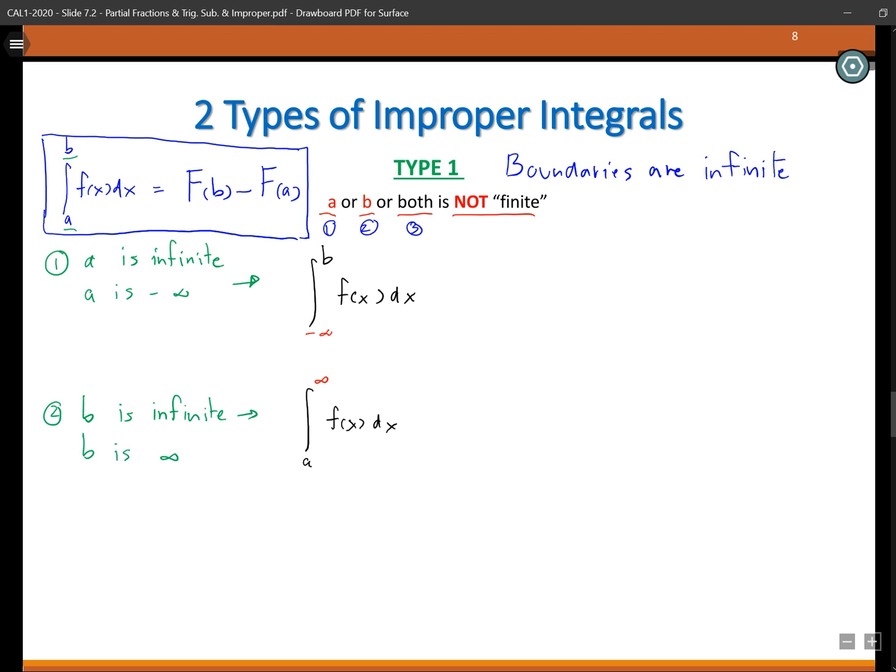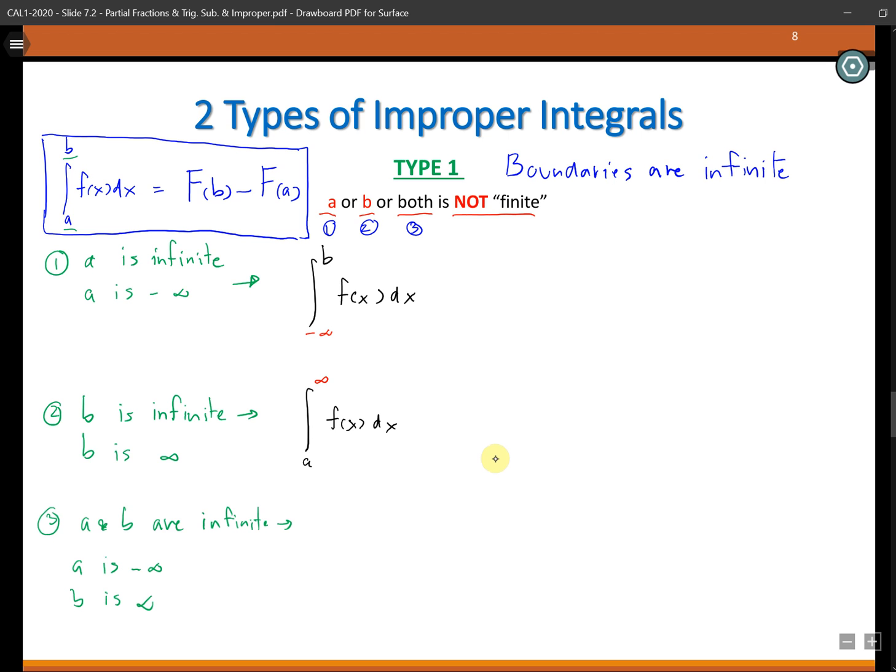Now, scenario number 3 is when both a and b are not finite. So here, number 3, a and b are infinite. As you expected, it's like combining 1 and 2 together. A is minus infinity and b is infinity.